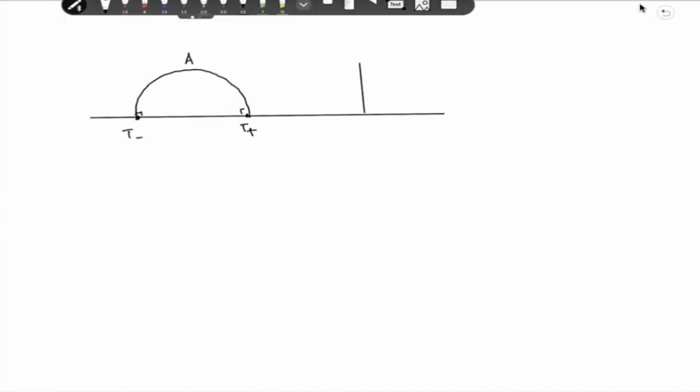So you have this vertical axis. Here my T plus is equal to infinity. And this A is my axis of this isometry T.